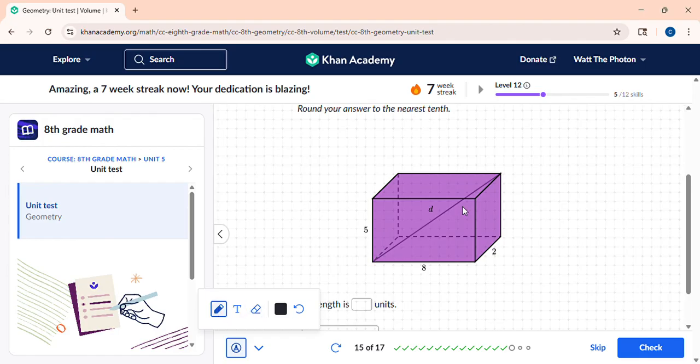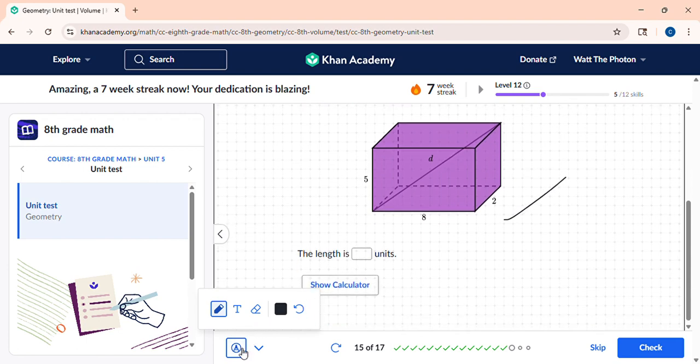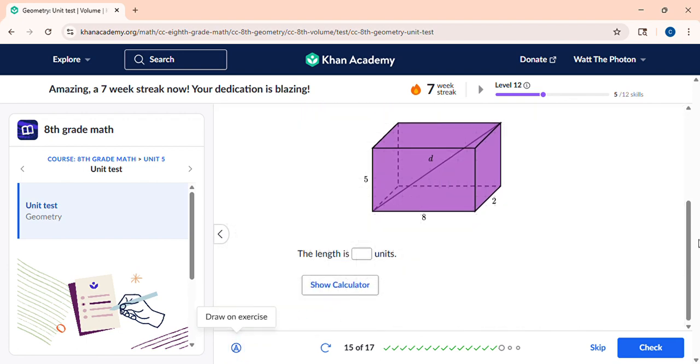And then once we find the hypotenuse of this, we can also find... I guess we'll do 5 squared, so 25 plus 64, and the square root of that, so square root of 89, and that's 9.4-ish. I'm going to add 4, which is 2 squared, and then we're going to square root that.